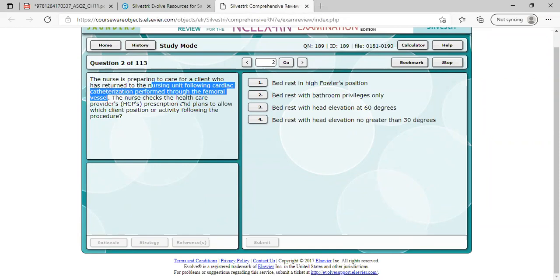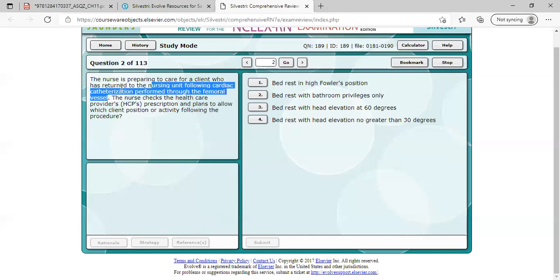This question you have to read very carefully. Is it before the procedure? Is it during the procedure? Or is it after the procedure? It is important. So the nurse is preparing to care for a client who has returned. So after care, after the procedure, post procedure care, right?